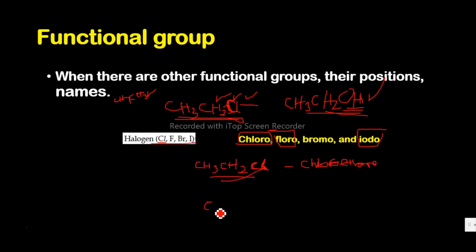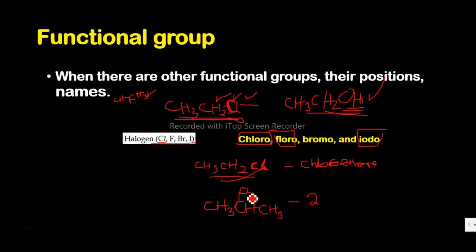Can we name this? CH3, CH, and then you have the Cl, and then CH3. Can we name this? Yes, that's good. This one is going to be 2.